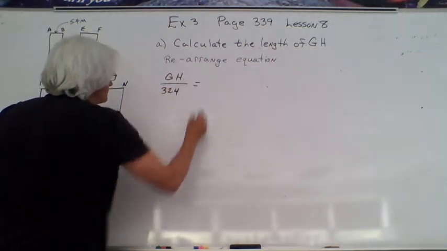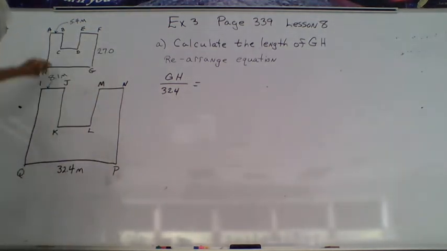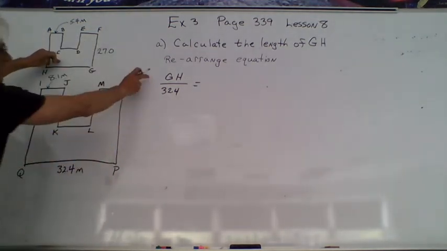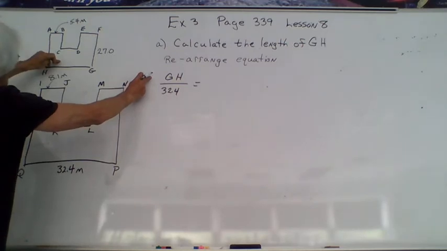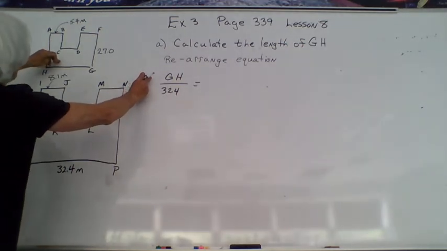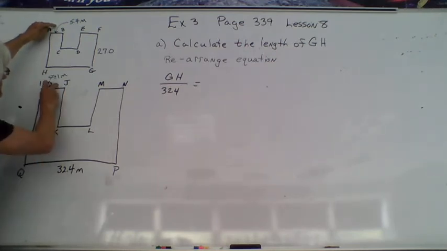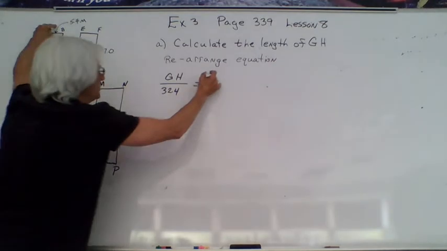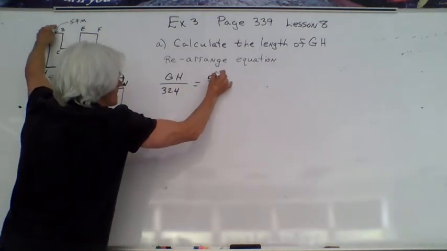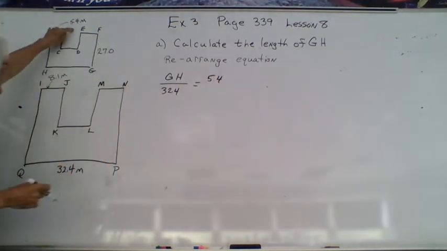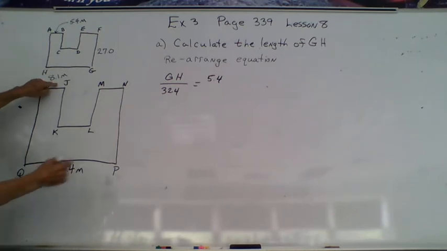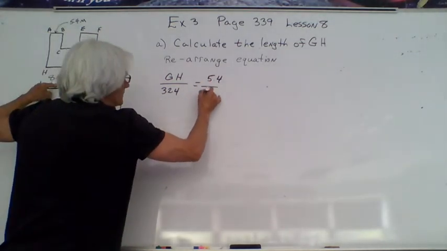And then I got to come back up to my original one, the one that I got the GH, and I'm going to use that 5.4 and its corresponding side, the 8.1. So I got a 5.4 that I get from here, and the 8.1 which I get from here.